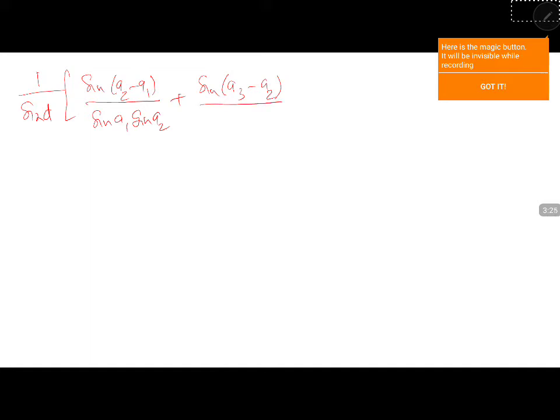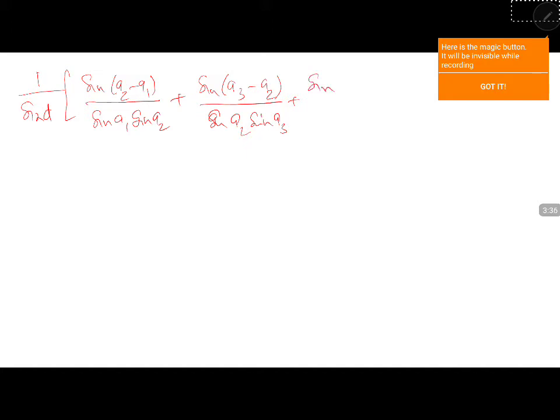Now, 1 by sin D. In the place of sin D in the numerator, I will put sin(A2 minus A1) for the first term, over sin A1 sin A2. In the second term, I will put sin(A3 minus A2), because A3 minus A2 is D, A2 minus A1 is D. Here I will put over sin A2 sin A3.